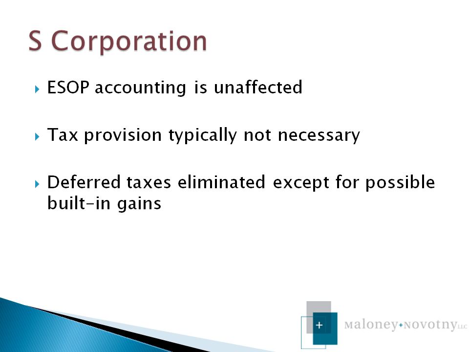With an S Corp, again, tax provisions are not necessary, even if it's a minority ESOP-owned S Corp, because it's not the company that pays the tax, it's the shareholders. So there's no tax provision on it, as well as no deferred tax. All that deferred tax liability is eliminated.